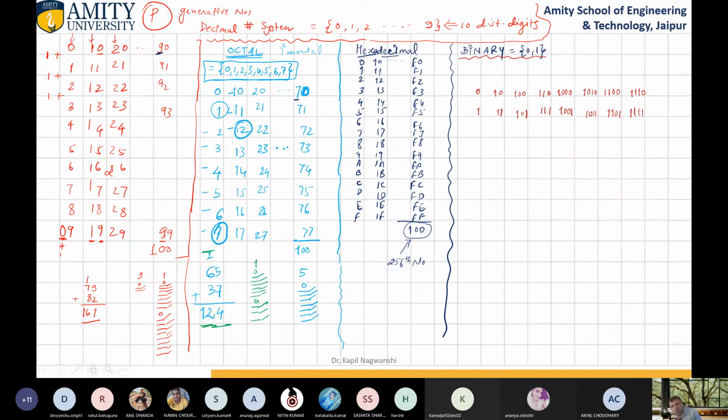So now it is your turn to ask a question. No question? Is this writing correct? Or just observe this number.